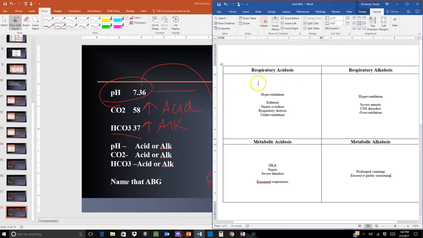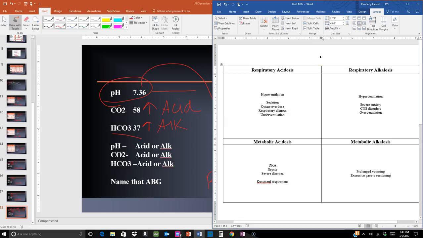So the RT had to come in and adjust the patient's respiratory rate to fix that. Say the respiratory rate had been set at maybe 8, and the patient was holding on to too much CO2. So the RT increased the respirations on the mechanical ventilator up to, say, 18.